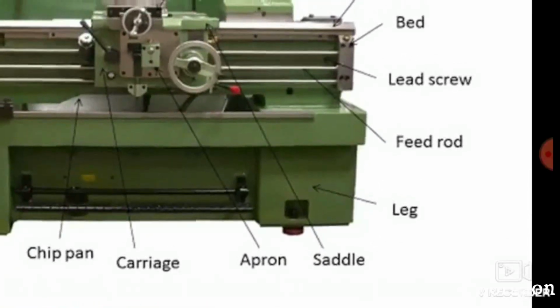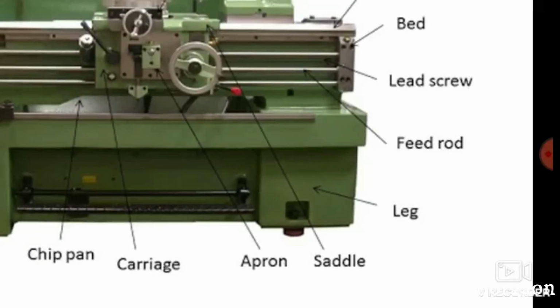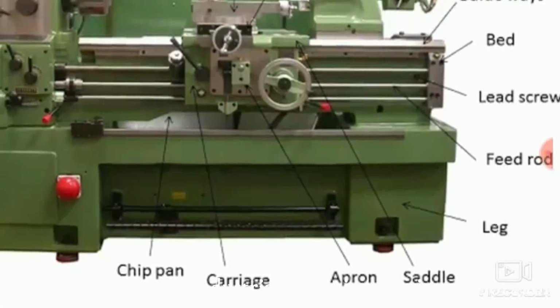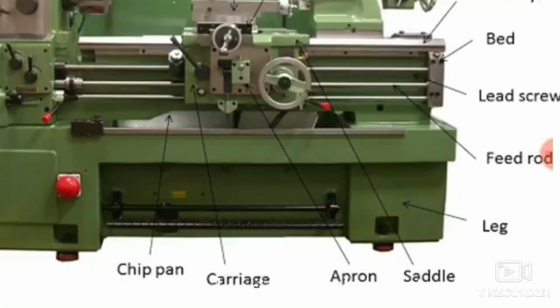Then there are legs of the lathe machine. Then there is an apron. After that there is a carriage that can slide over the bed. Then there is a chip pan where you can collect the chips. Chip is nothing but the waste material, or the leftover material after machining.